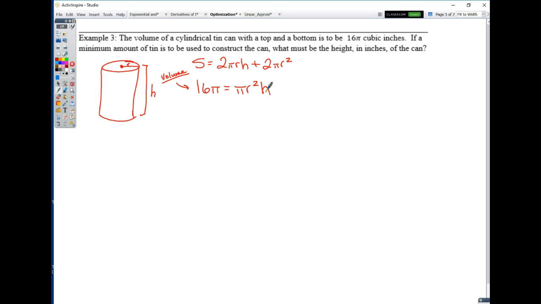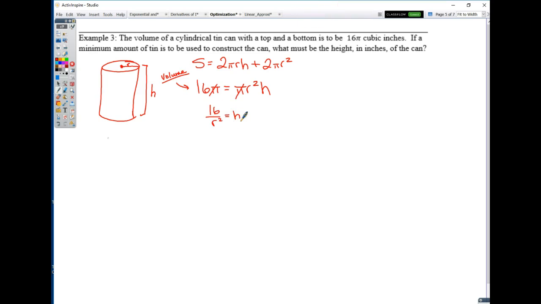Solve for h. I like solving for h because I don't want to have any square roots in my problem. Seems fair? Solve for h. What does that become? These pi's will divide out. I get 16 over r squared is h.